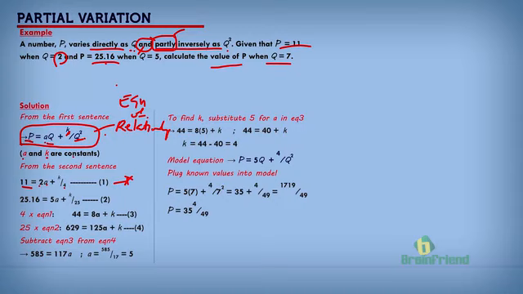The second one says P is 25.16 when Q is 5. So we have 25.16 representing P. Q is 5, so 5A plus Q squared is 25, so K over 25. And then we have a second equation. So we have two equations that we need to solve using the simultaneous method. I'm sure we can revert back to our video on simultaneous equations to see how we can solve questions such as these.